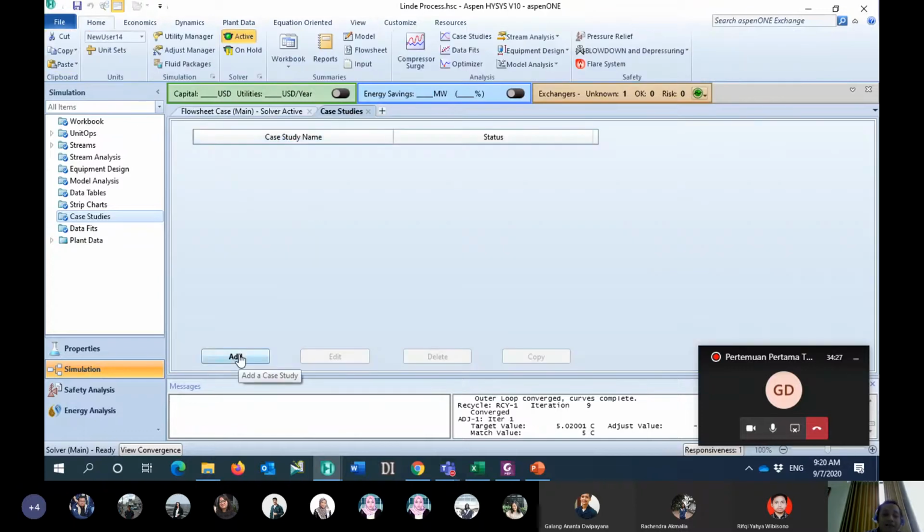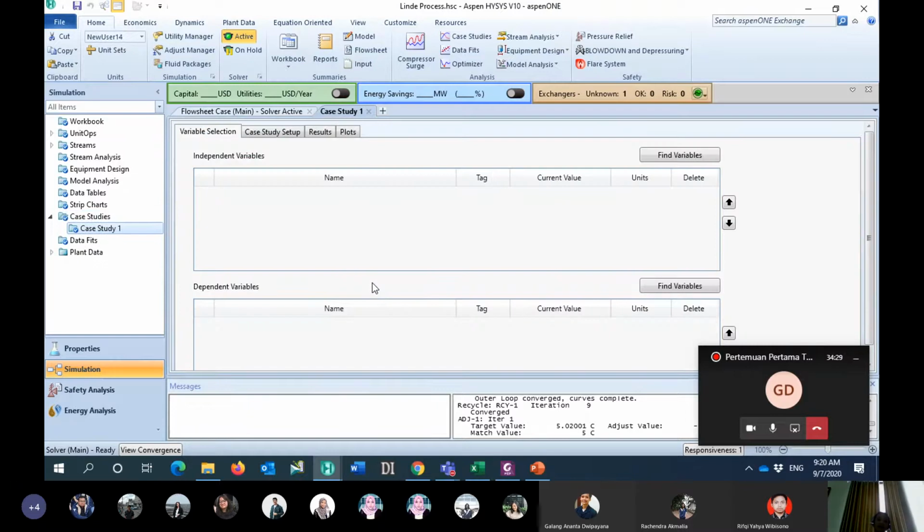Click add. We would like to make a sensitivity study regarding the change of the pressure in stream number 3. In order to do that, you have to define what the independent variable and the dependent variable are. Remember from the previous courses, the independent variable is the variable that we can change or adjust, while the dependent variable is the variable that is calculated from the simulation.